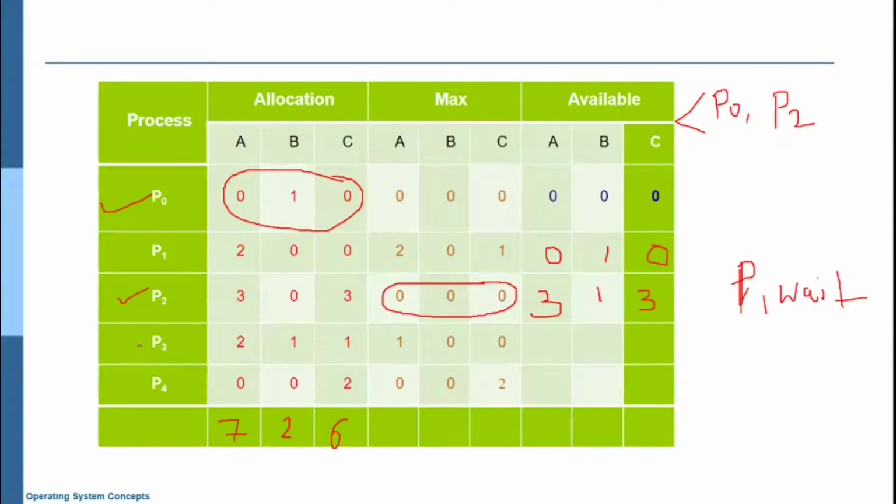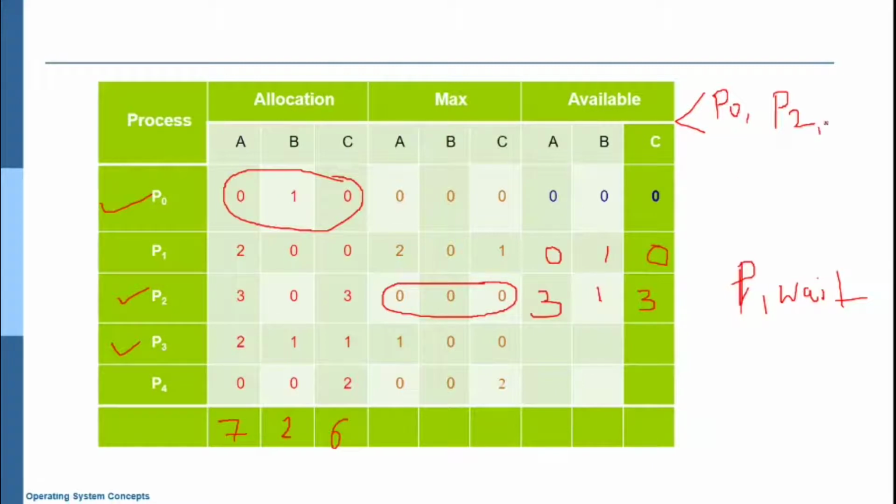Next, we check P3. P3 is allocated 2, 1, 1, and it requires 1 instance of resource type A. Can we satisfy it? Yes, because we have 3 instances of type A, and it requires only 1, so we can satisfy this condition.